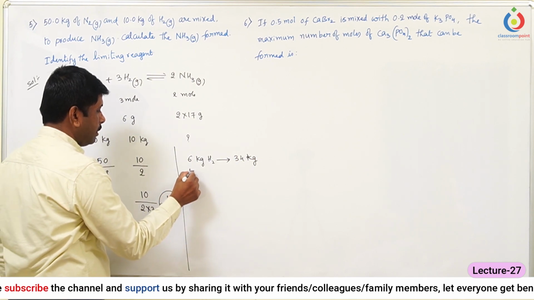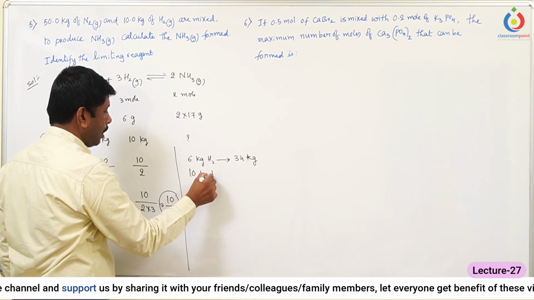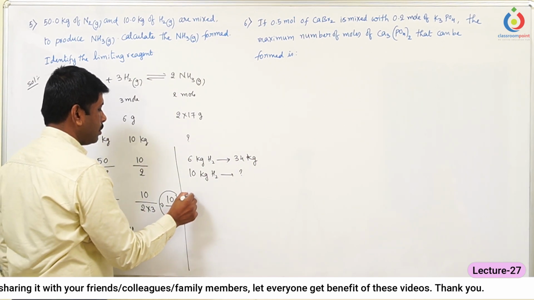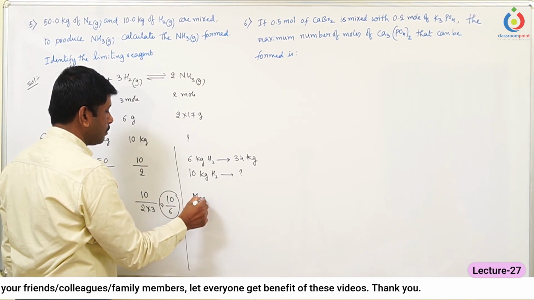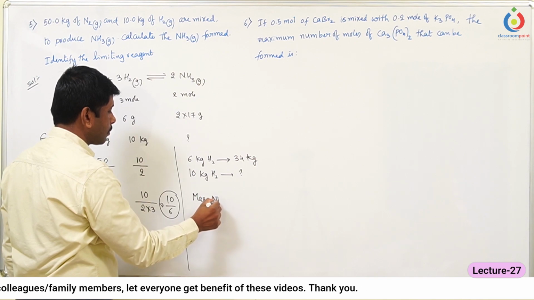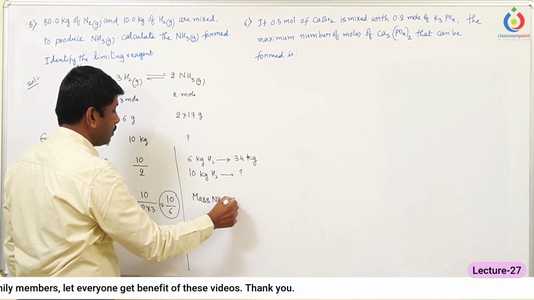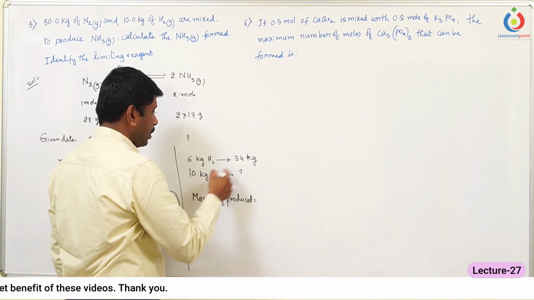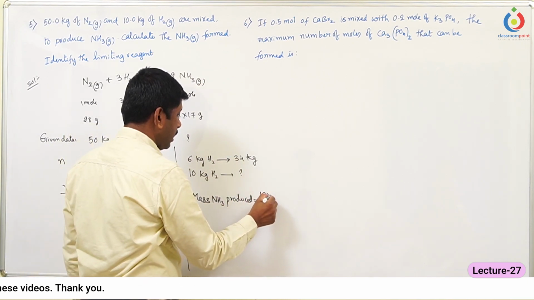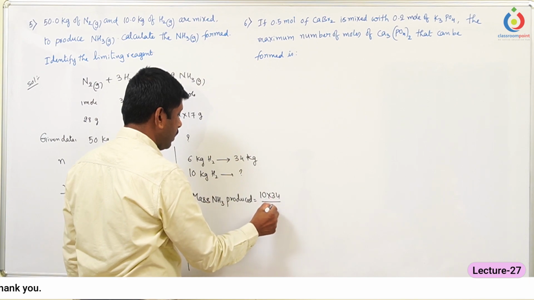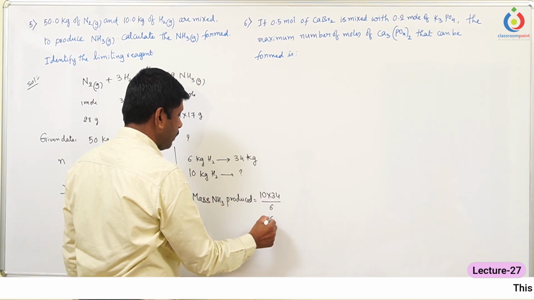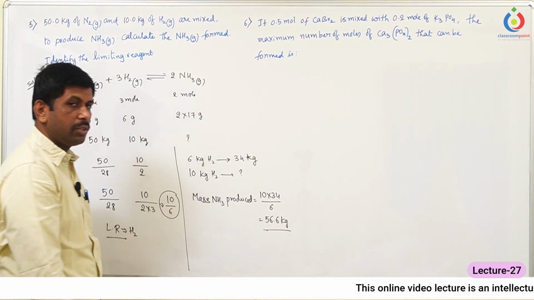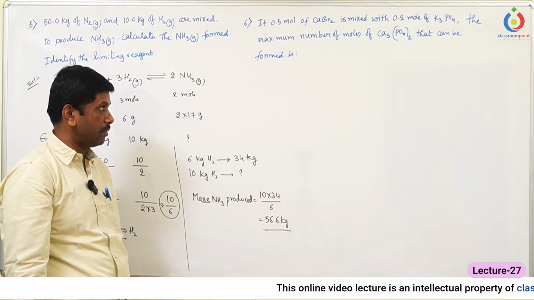Then 10 kg of hydrogen can produce how many kg of ammonia? Mass of ammonia produced is, by cross multiplication, 10 into 34 divided by 6. So you'll get 56.6 kg of ammonia produced in this reaction.